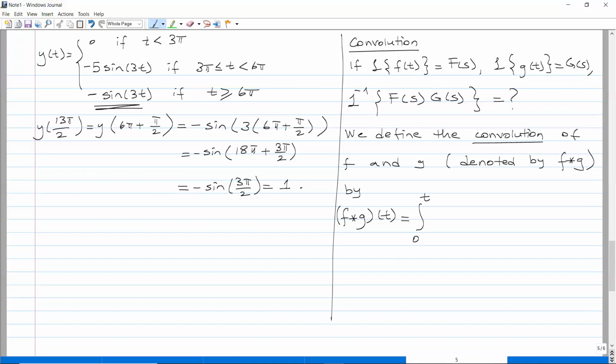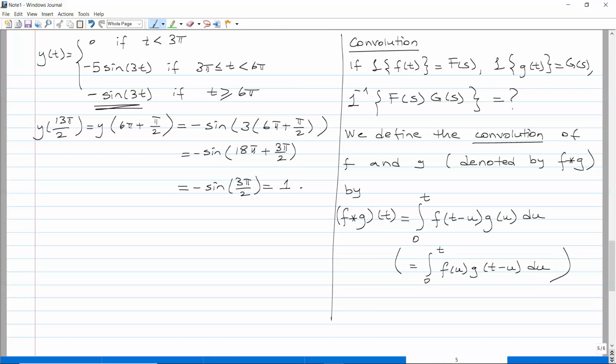You can use any letter. In the definition, usually we use the letter tau because it's the Greek letter for t, but I'm going to use u. So inside the integral, you write f of t minus u and g of u du. The order of f and g is not important, so it's the same as f of u, g of t minus u du. It's the same thing.